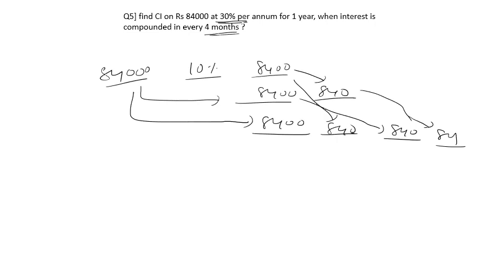So the summation of all of this: this part is 84 into 3, this is 840 plus 12, this is 252, 2520, and third is 84. The summation is coming out to be how much? 27804. This is the answer.